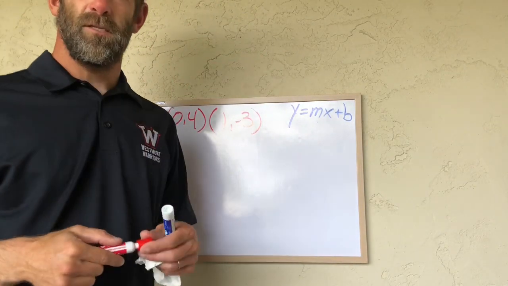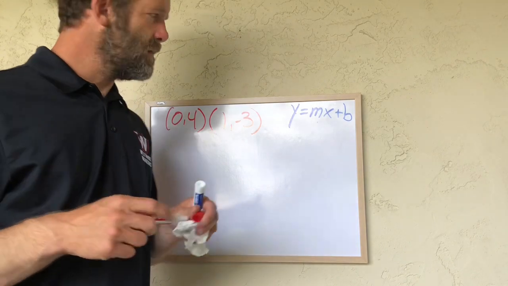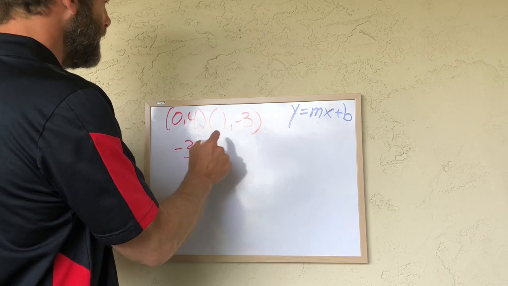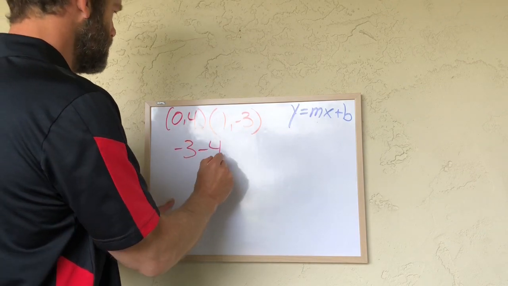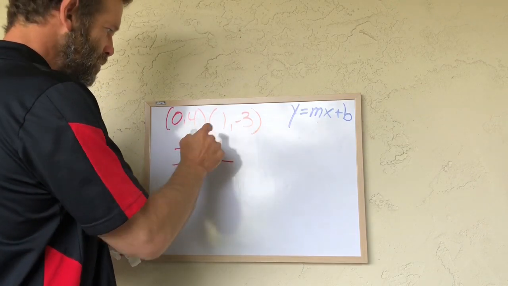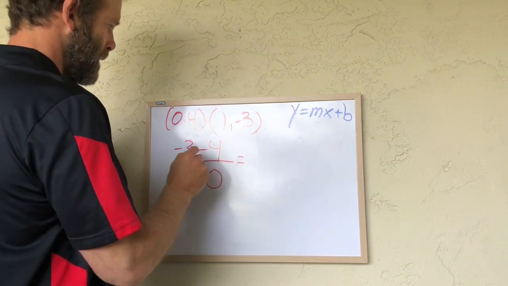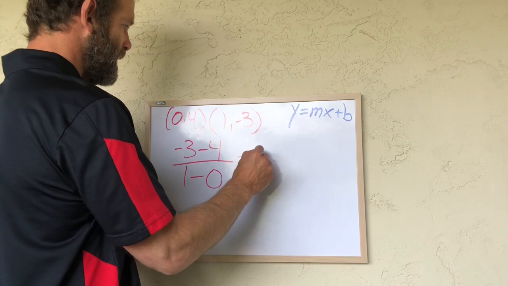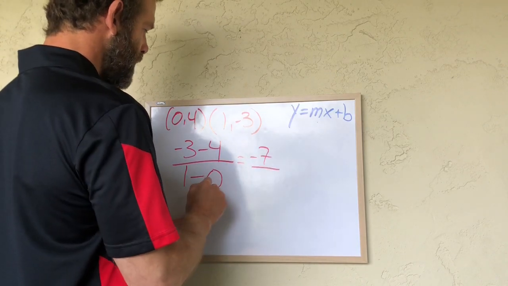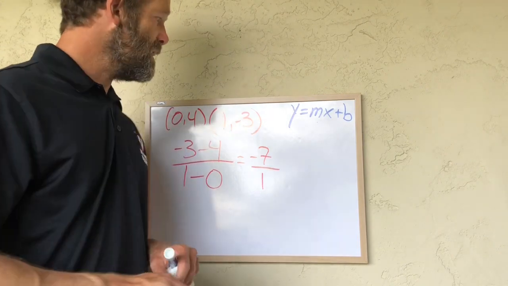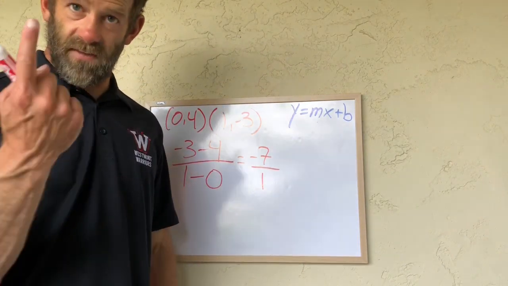So if I'm trying to find my equation, I'm going to start off with y2 minus y1 over x2 minus x1. Negative 3 minus 4 is negative 7. 1 minus 0 is 1. All right, so my slope is negative 7 over 1. That's the very first step.